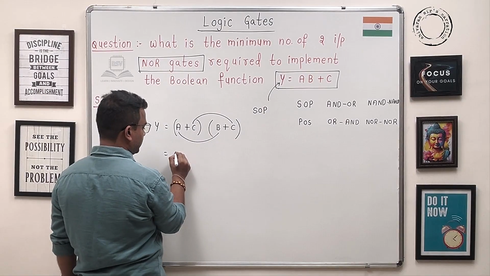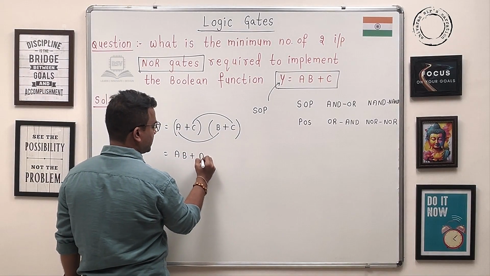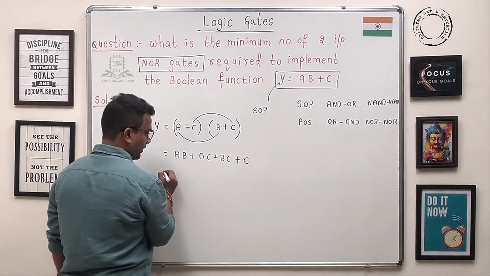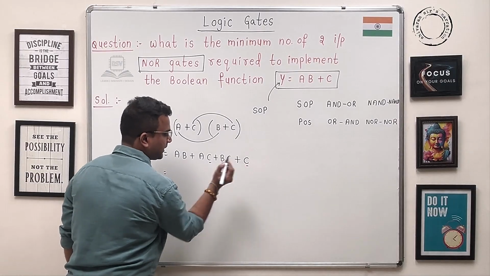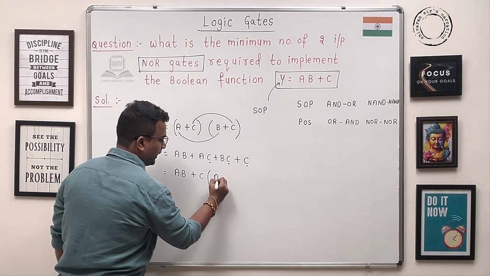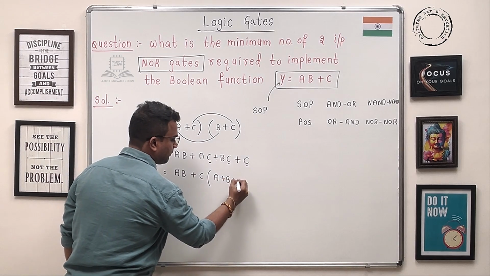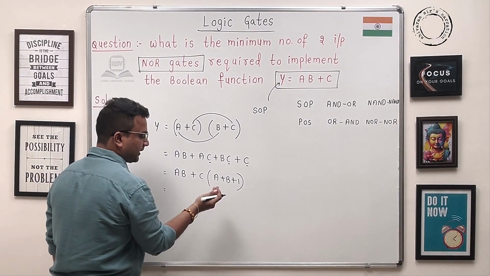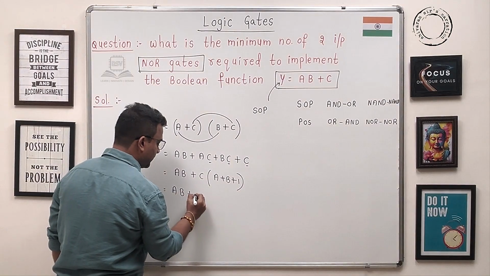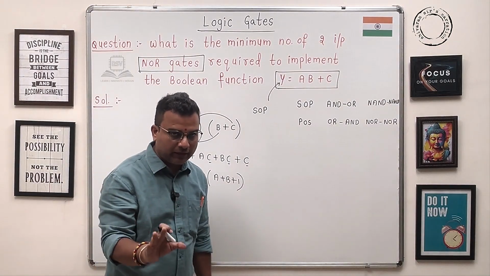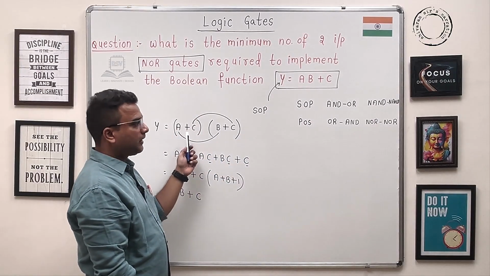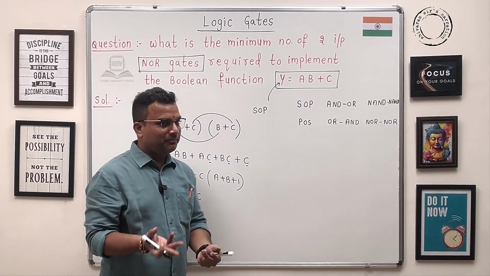This is A into B, AB, A into C, AC, BC plus C. Now guys, here C is common: AB plus C into (A plus B plus 1). 1 plus anything is 1 only. Then it is AB plus C only, no? By using the distribution theorem, you can rewrite AB plus C as (A plus C) into (B plus C). Now you got the POS expression.